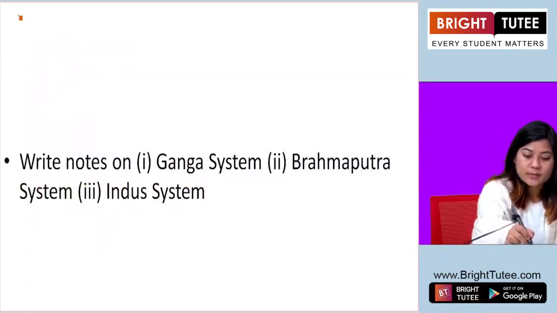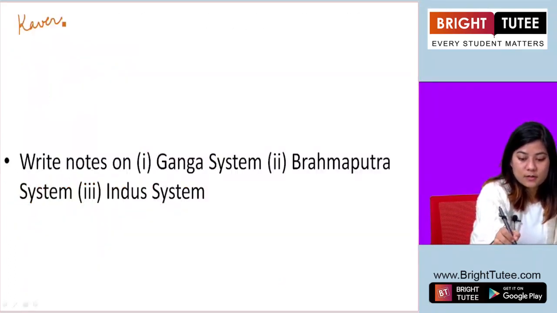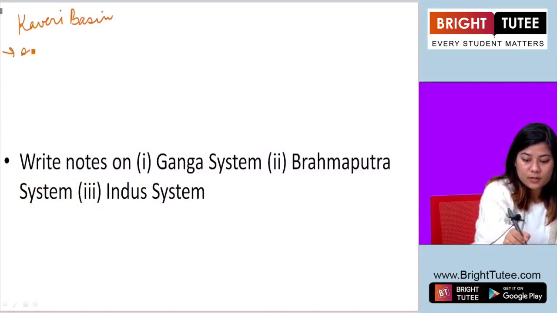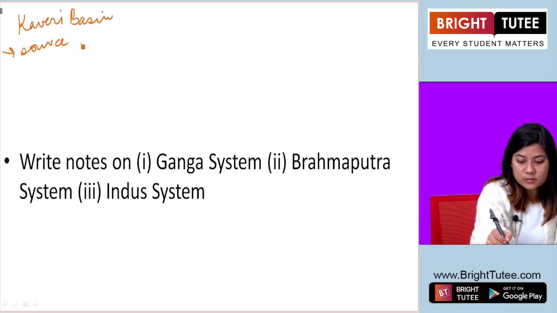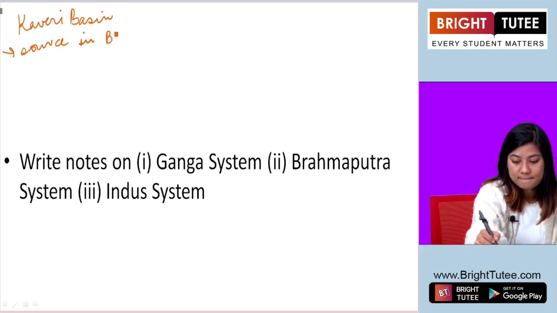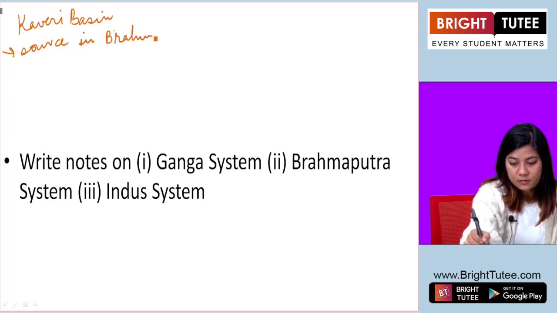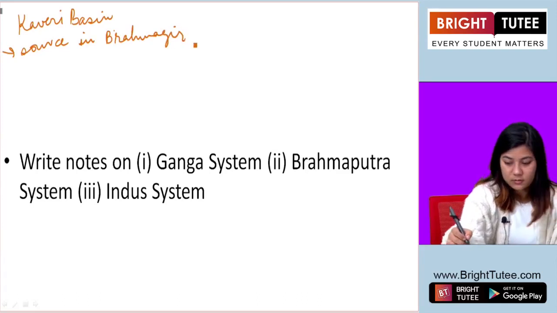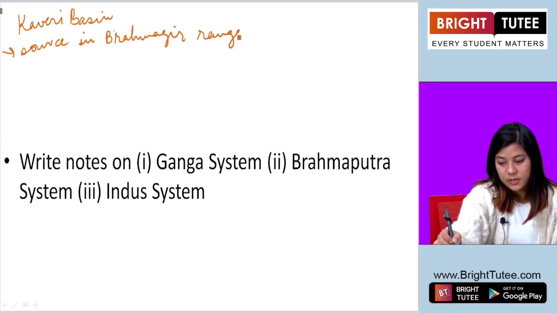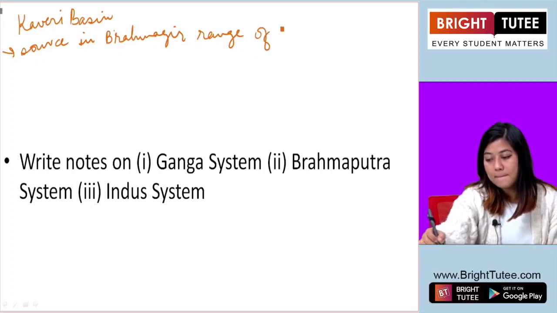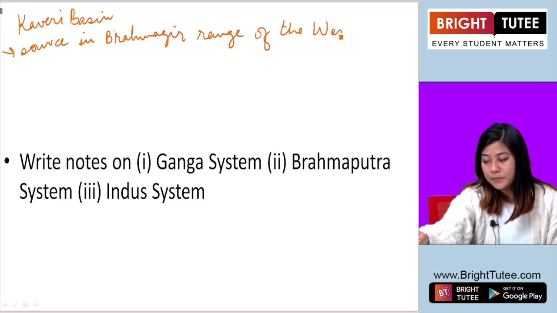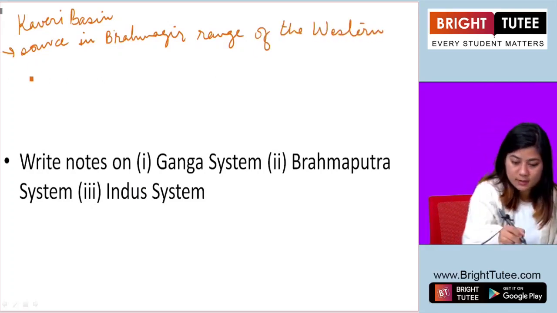The next one is Kaveri Basin. It has its source in Brahmagiri range of the Western Ghats.